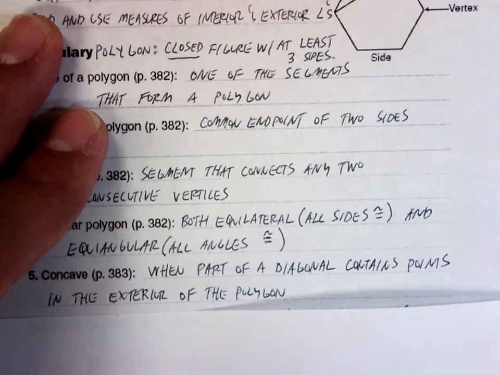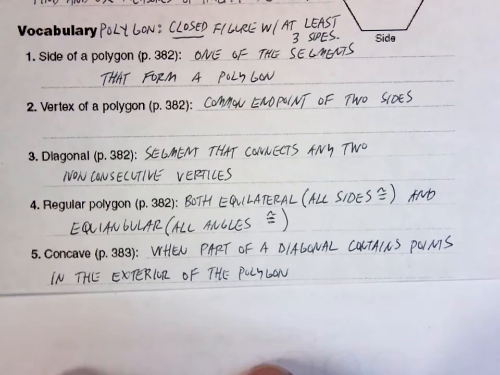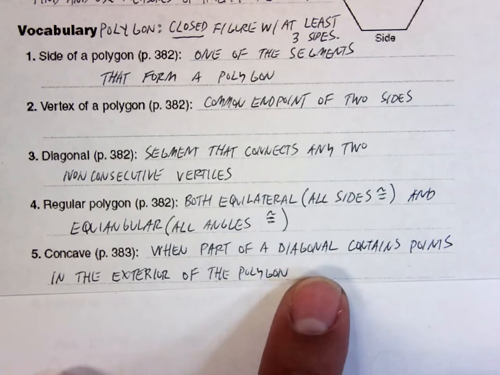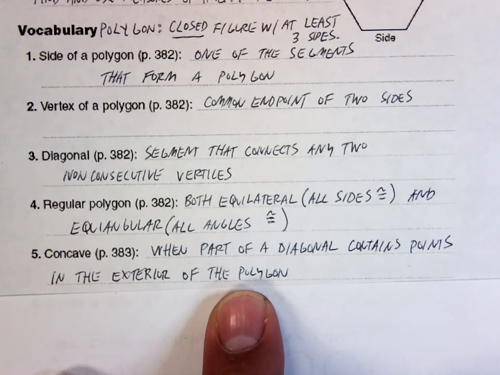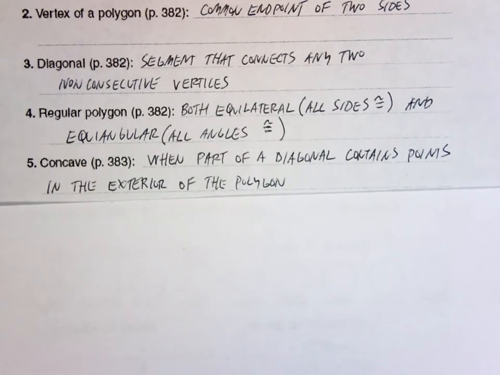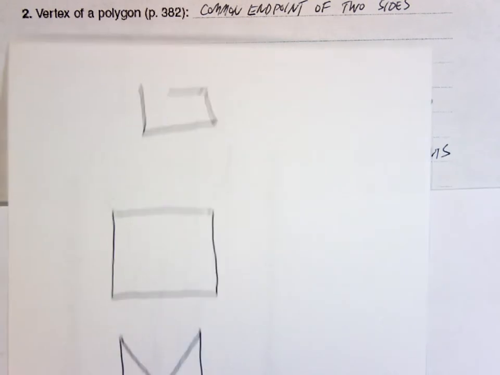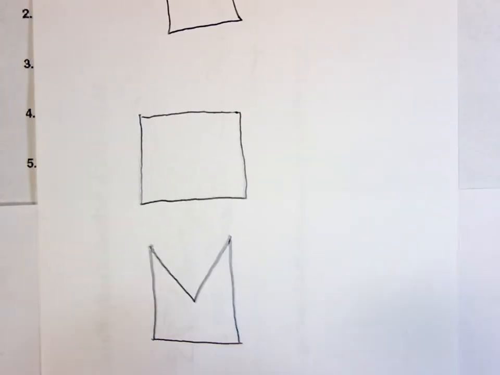Keep going. Concave. What does it mean for a polygon to be concave? When part of a diagonal contains points in the exterior of the polygon. I've got a little picture that I can show you. Copy that down. Here's my picture. This is a polygon.